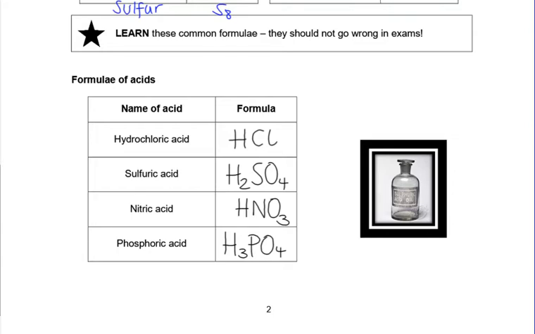Phosphoric acid, again, is not as commonly used at GCSE, so you might not be familiar with that, but that's H3PO4. So make it a priority to learn the formulas of these acids. You might want to, for now, write those formulas onto your data sheet that you carry around with you at all times, so that you've got them there handy if you were to forget them. Okay, so maybe write those down on your data sheet.